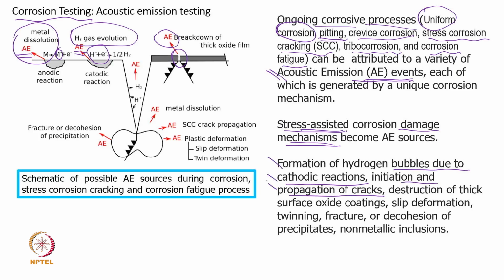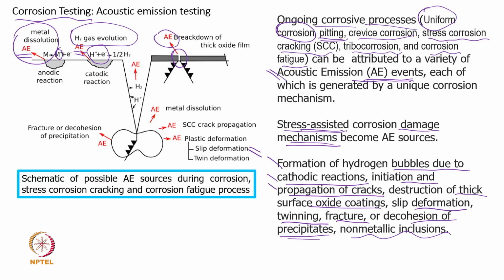Everywhere we find that acoustic emission will be there: destruction of the thick film surface coating, even the slip deformation which happens in plastic deformation, or twin deformation, fracture, decohesion meaning removal from the surface. That also will be there, or if there are some non-metallic inclusions in the surface, then that also will cause a different acoustic emission.